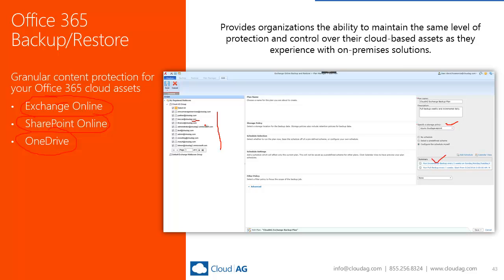Or you can do what's called an out-of-place restore, meaning you can restore things to another location if necessary. So it's highly recommended, not only by us but also by Microsoft, that clients have their granular backup strategy in place in order to respond to those individual unique scenarios that come up, things accidentally gone missing, or maybe somebody did it on purpose, maliciously, so you want to be able to recover from that.